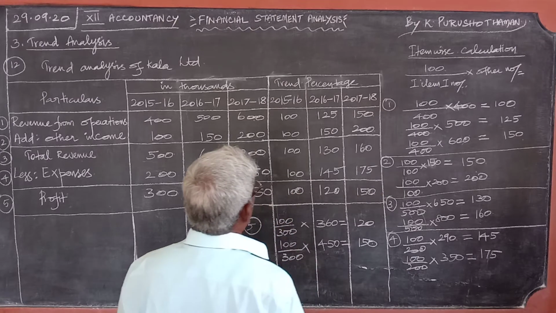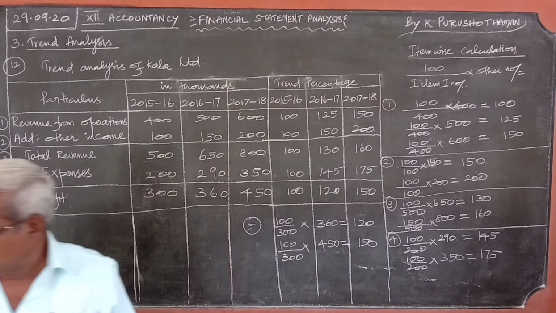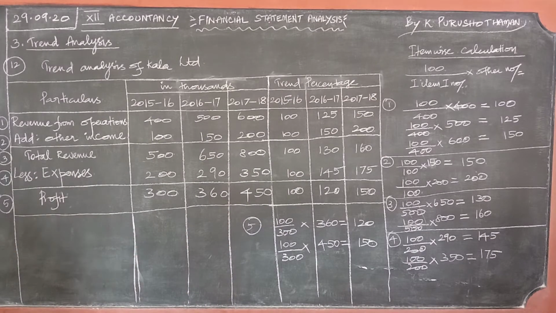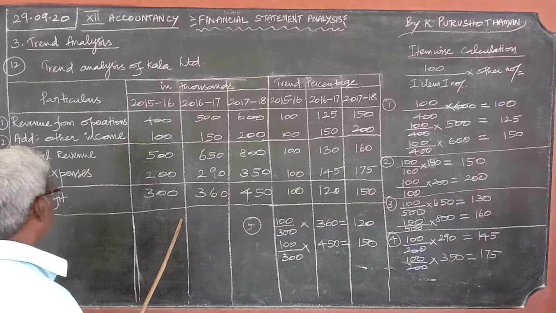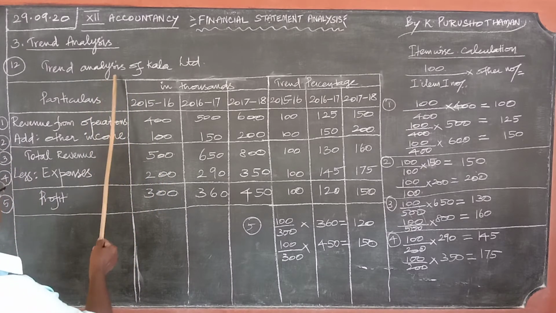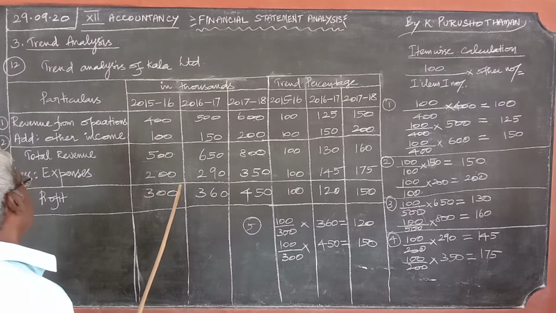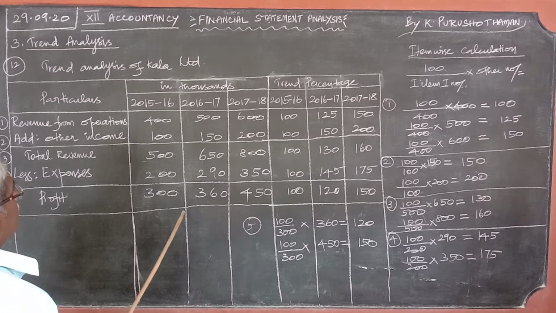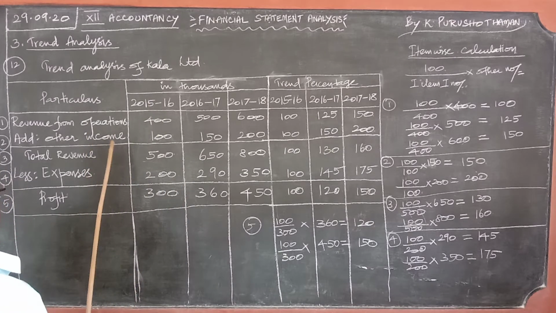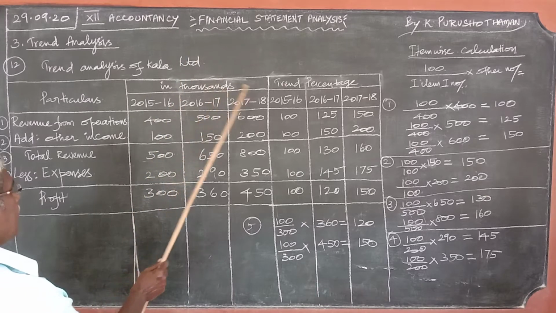This is the problem. You should understand what is asked, and I should remind you once again what we have actually done. What you should remember is that this comes under the method of trend analysis. The revenue of one year is compared with that of the other years.